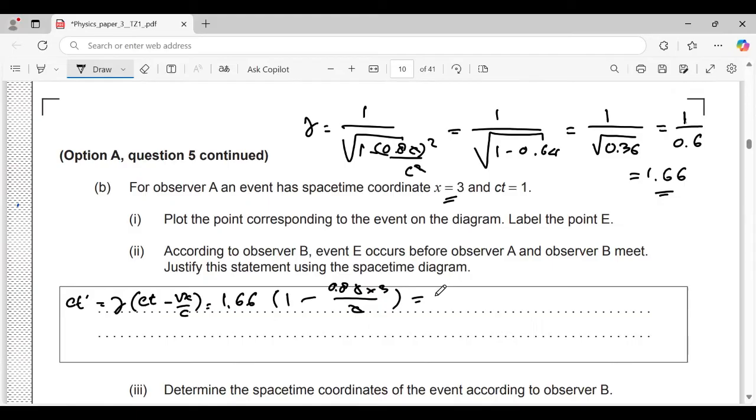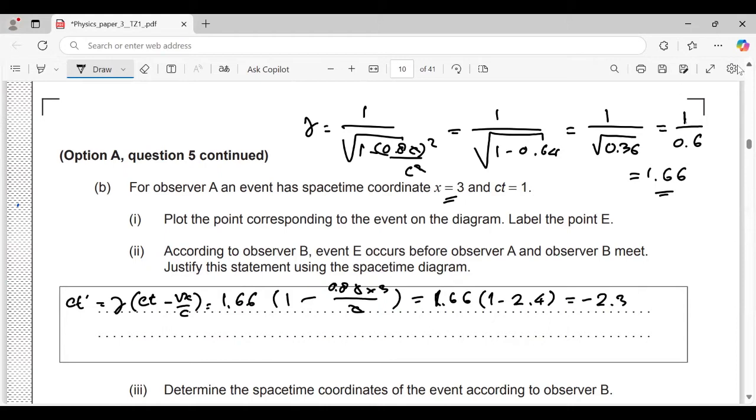Right? And this is 1.66 times (1 minus 2.4). The result is minus 2.3. This formula is according to the Lorentz transformation.